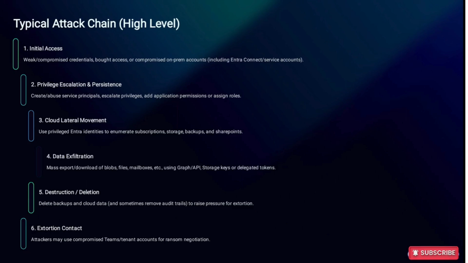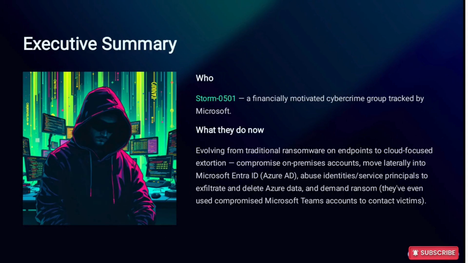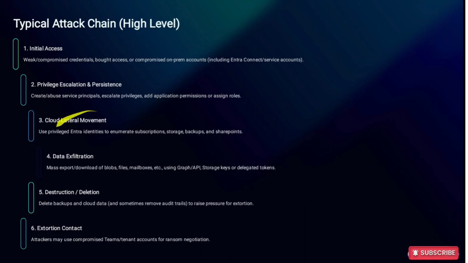Then privilege escalation and persistence: create or abuse service principals, escalate the privileges, add application permissions, or assign roles. Then cloud lateral movement: use the privileged Entra identity to enumerate subscriptions, storage, backups, and endpoints. For data exfiltration, they do mass extraction, downloading files, mailboxes, Graph APIs, storage keys, or delegated tokens.